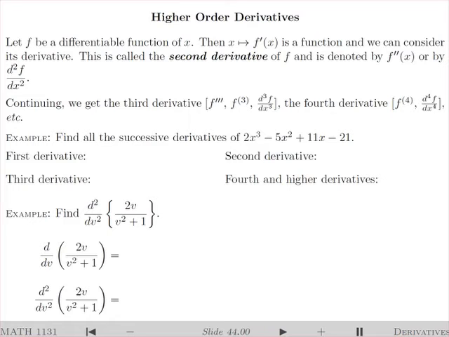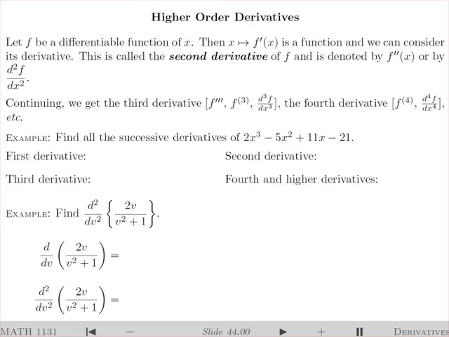We also need to set up notation so that we can indicate higher order derivatives concisely. If you use the prime notation, the convention is very simple. You just put one prime for each derivative. But this is kind of hard to read and also easy to miscount the number of primes.